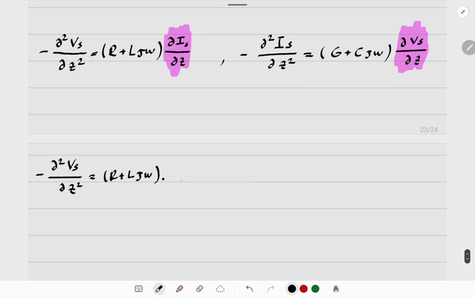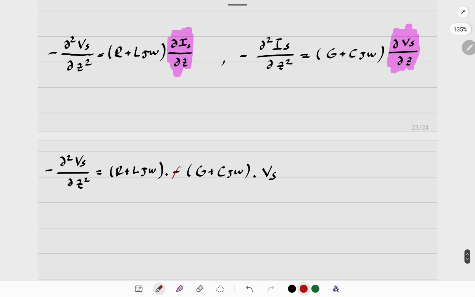Let's not forget it. So minus g plus cj omega times vs, and also we can just simply get rid of these two minuses over here. They can make both plus, right? So it is our del square vs del z square equation.